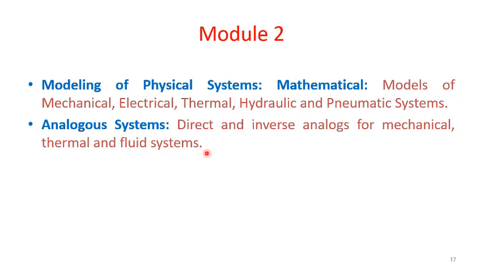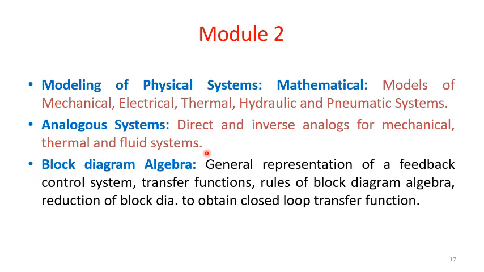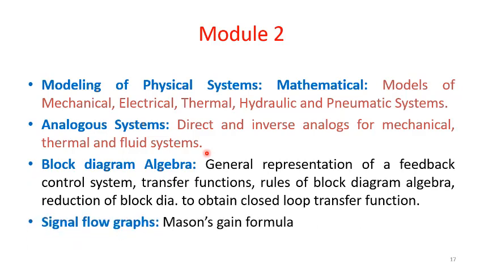So this completes part A of module 2. Very important, fundamentals-wise also, and for the understanding of control systems. Next we are going to study the block diagram algebra and the signal flow graph.